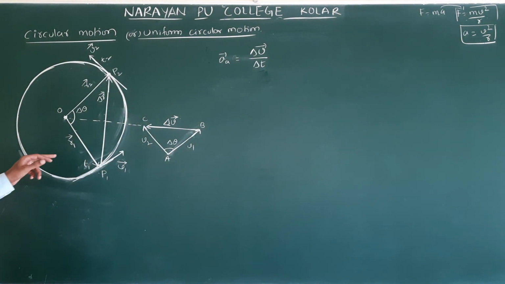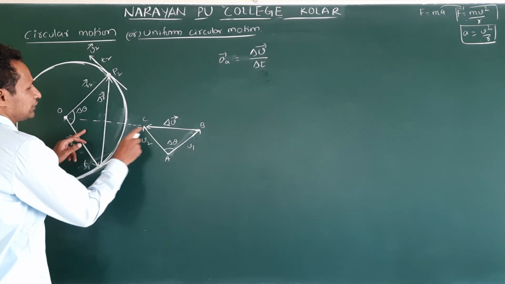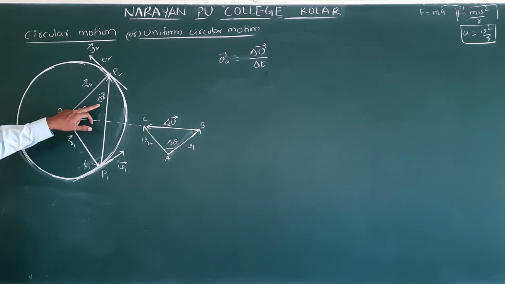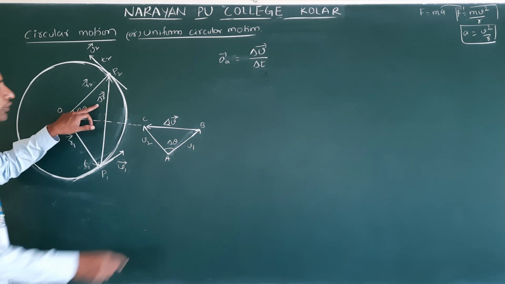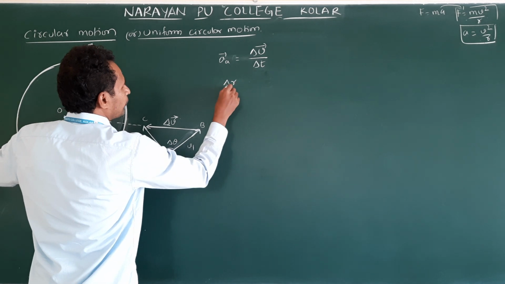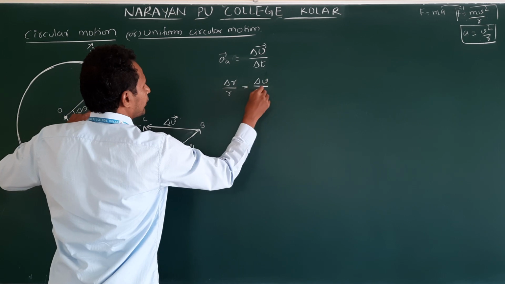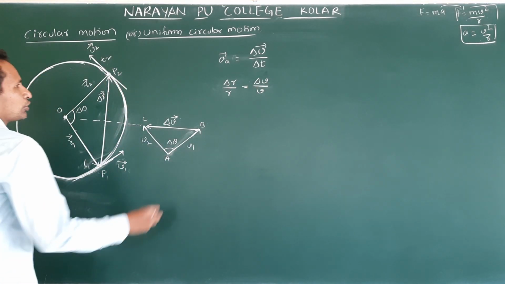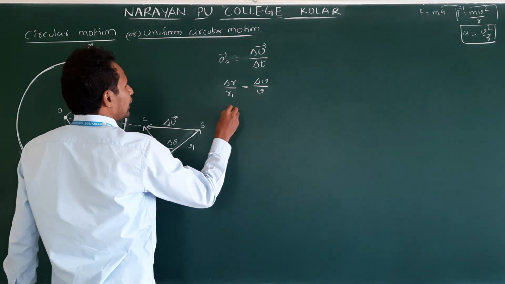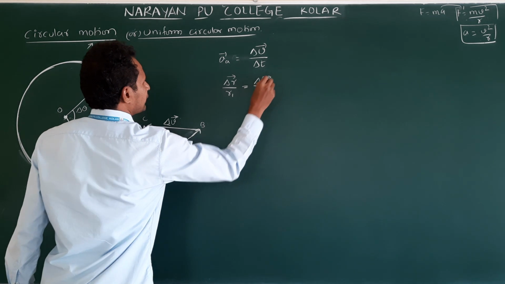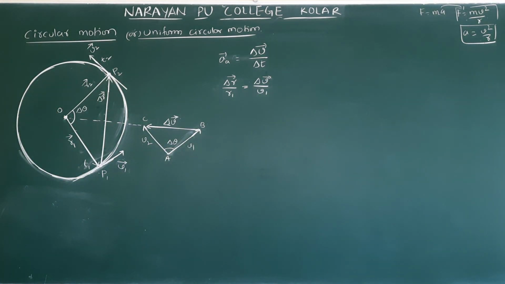Now from these two, see, these are similar triangles. How do we write similar triangles? Delta R by R is equal to delta V by V. Don't get confused here: take R1, here it is V1, base by side, side by base.